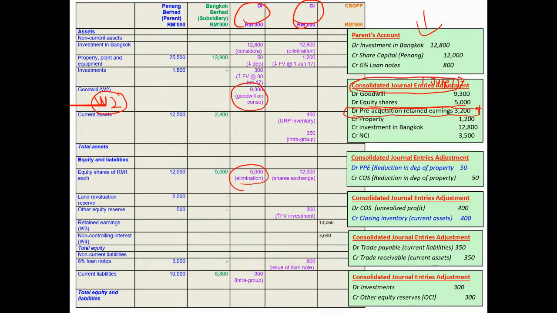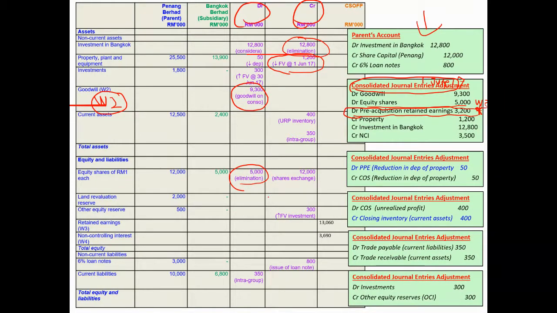Be careful, don't go and transfer to your retained earnings because we have calculated this in working number 3. Okay, and then credit property. Property is 1.2 million. So this is credit property. Credit investment in Bangkok, elimination. So you can see 12.8 million.